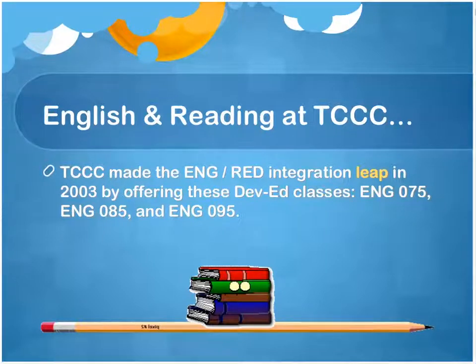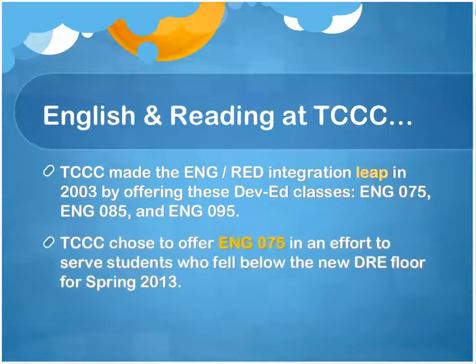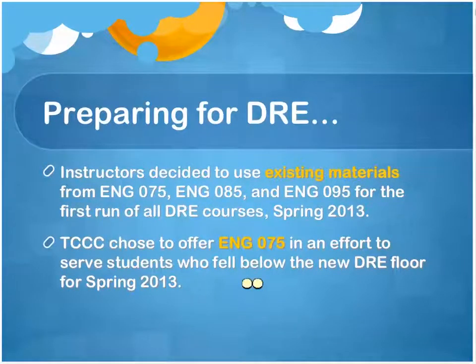So when we got involved with the DRE, we knew we'd have to make some changes, but we knew that we pretty much had the integrated idea down. We had been doing that for a while. So, like Pitt, we went through a preparation process. We had to talk with our folks in student services, financial aid, advising, and placement. We used the Accuplacer placement.